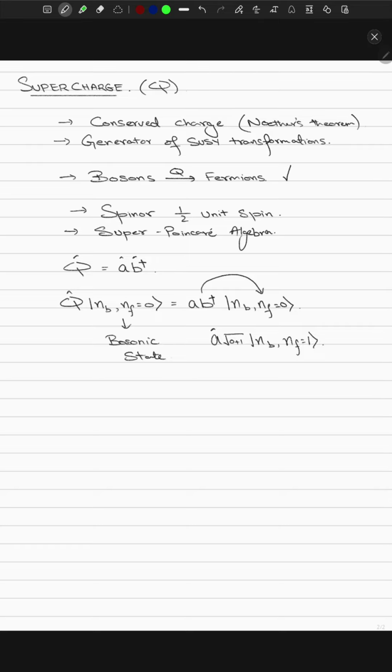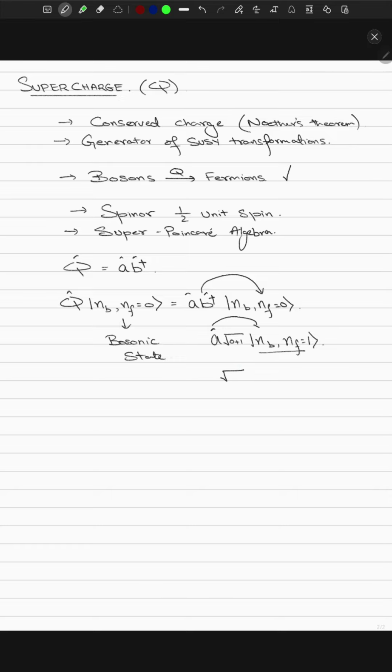Now the final thing that you have to do is operate with A on this state. This square root of 1 is just a constant, and it's 1, so you're only left with A on this state, and that would give you a square root.